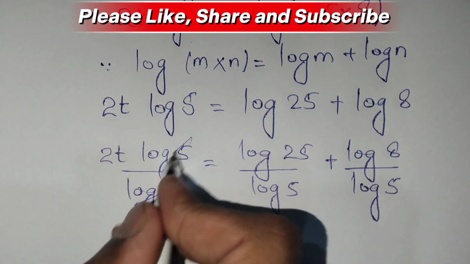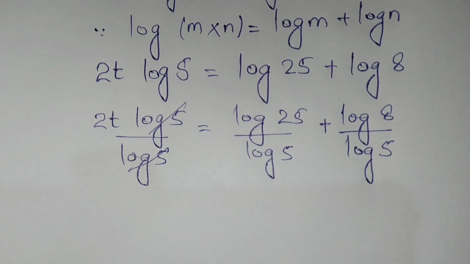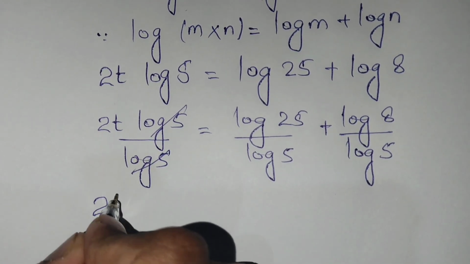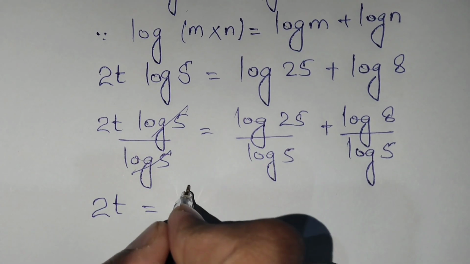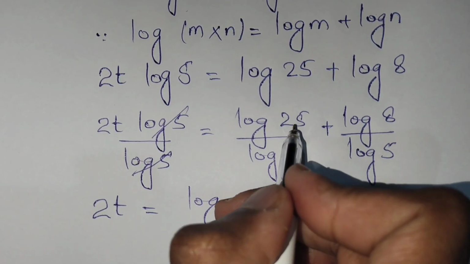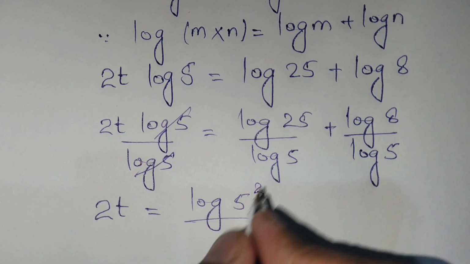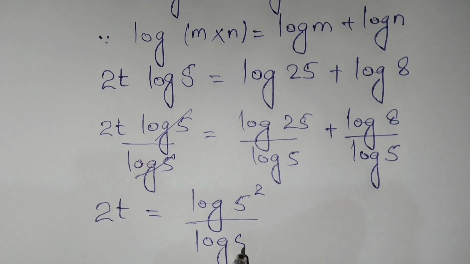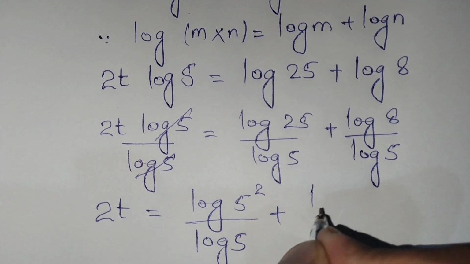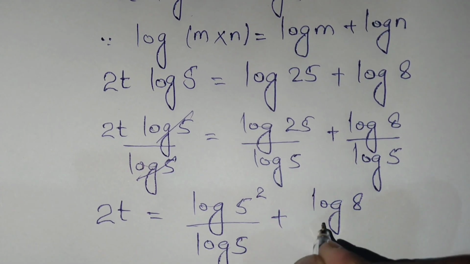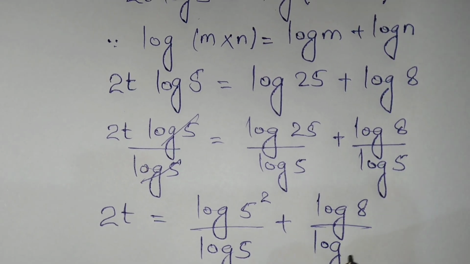Log 5 cancels log 5. We get 2t is equal to log of 25, which can be written as 5 square, divided by log of 5 plus log of 8 divided by log of 5.